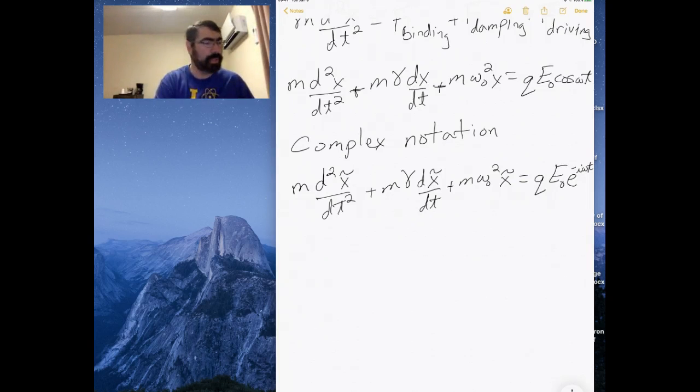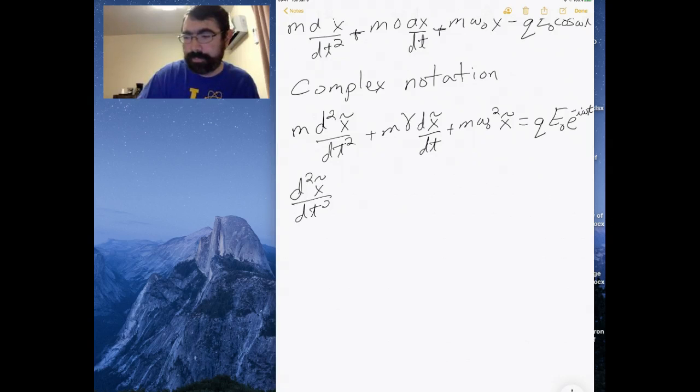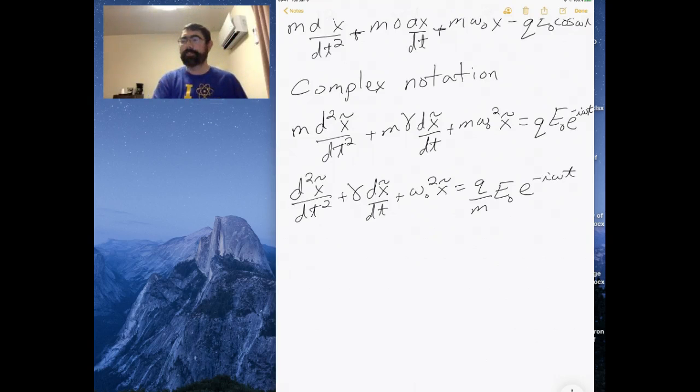Okay. So the last thing I'm going to do is divide both sides by the mass just to kind of clean it up. Okay.